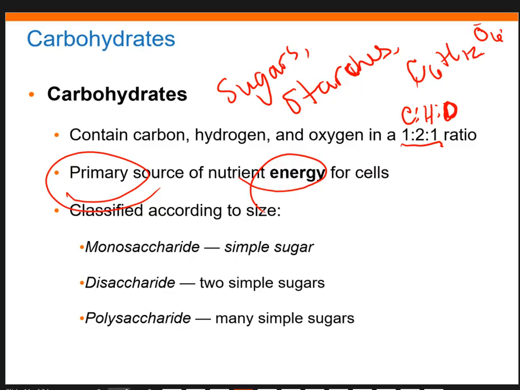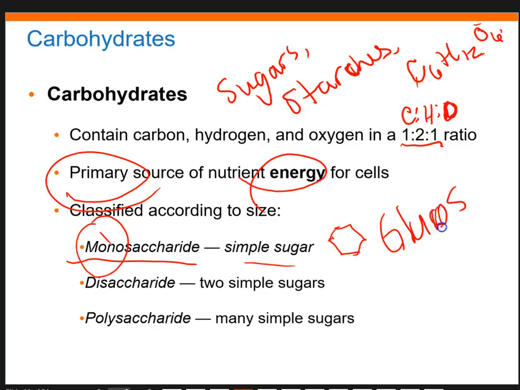Carbohydrates are classified according to their size. The smallest carbohydrates are monosaccharides. Mono meaning one, because it's a simple sugar with one ring, like one sugar ring. Glucose and fructose are examples of monosaccharides.